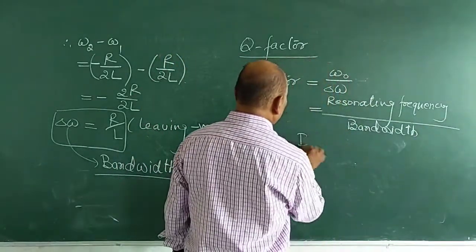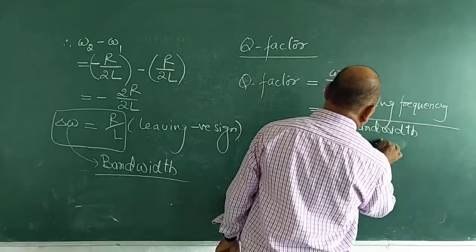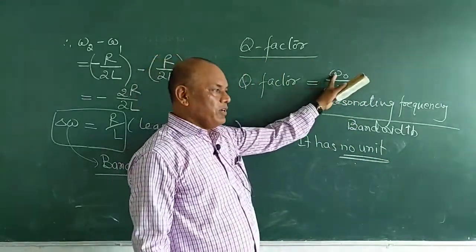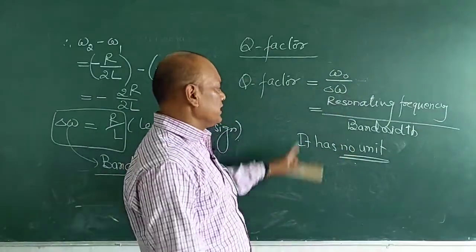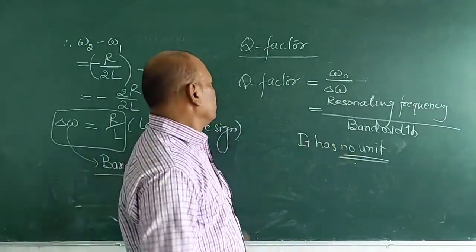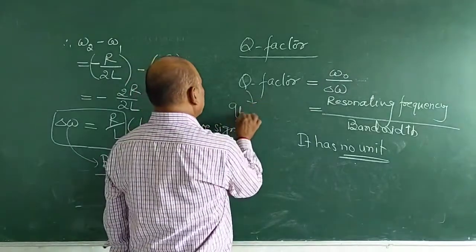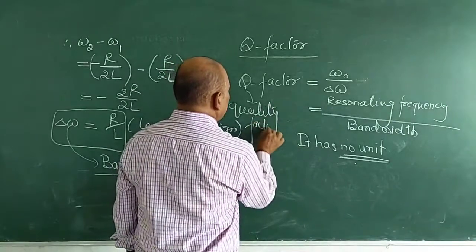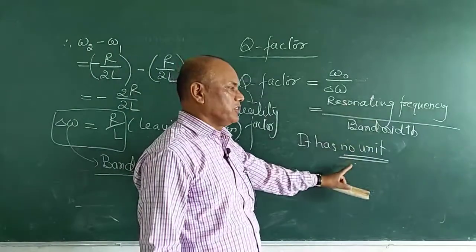It has no unit, because the units of omega 0 and delta omega are the same, so they cancel out. It is only a number. So this is known as the quality factor.